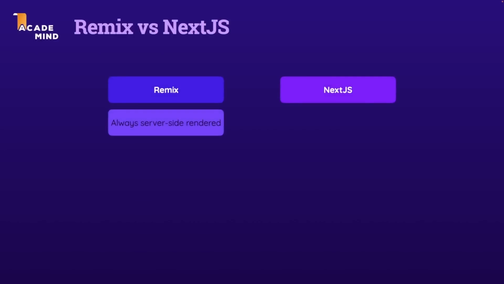For example, with Remix, you always render all pages on the server. So whenever a user enters a URL leading to your page, that page that's being served is rendered on the server on the fly. So the user always gets the latest data and a brand new page. Of course, you can set up some caching if you want to, but generally it is rendered when a user visits the site.